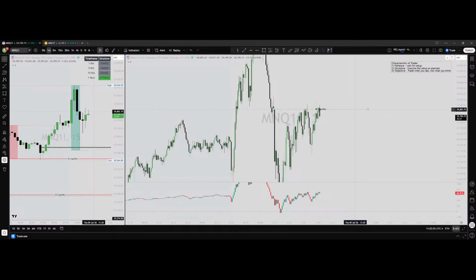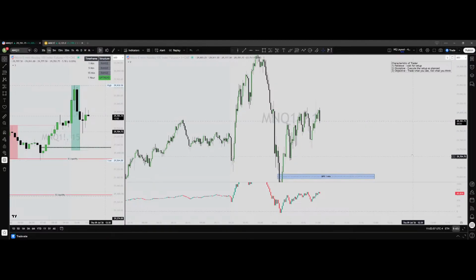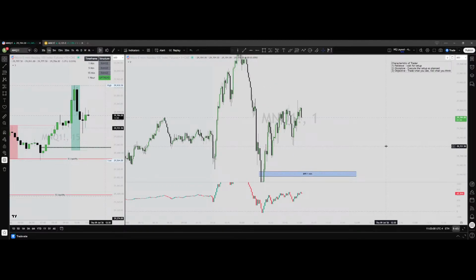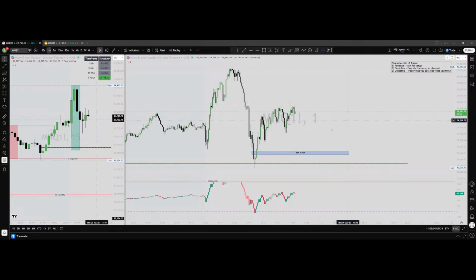Okay, this liquidity has been swept, so I'm going to take this out now. Watch this thing, two things can happen here.